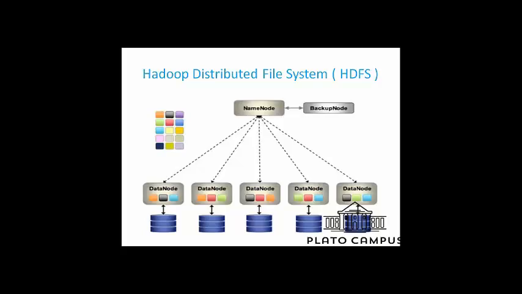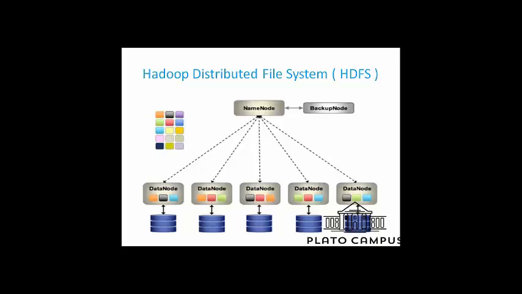So you can see in this particular picture, we have a name node, we have a backup node, and we have a few data nodes. In the earlier slide, I was using normal terminology, that is master machine, slave machine, and backup master machine. But now we have some Hadoop terminology. We have a name node that is ultimately your master machine.